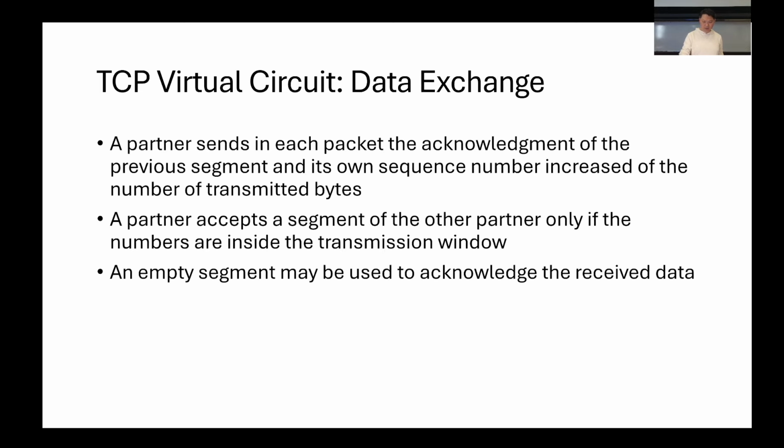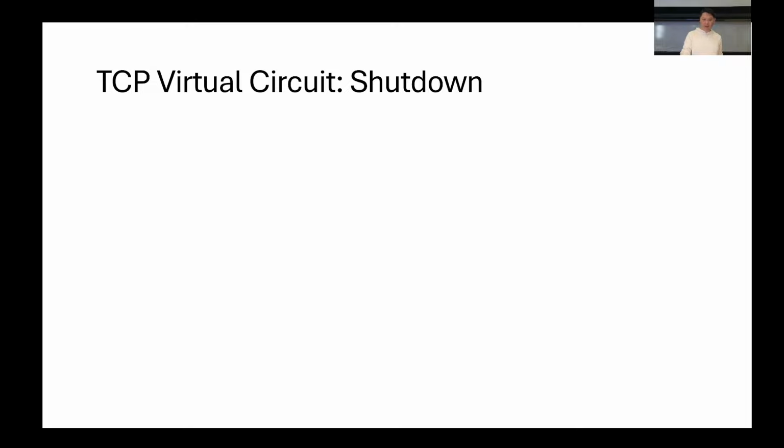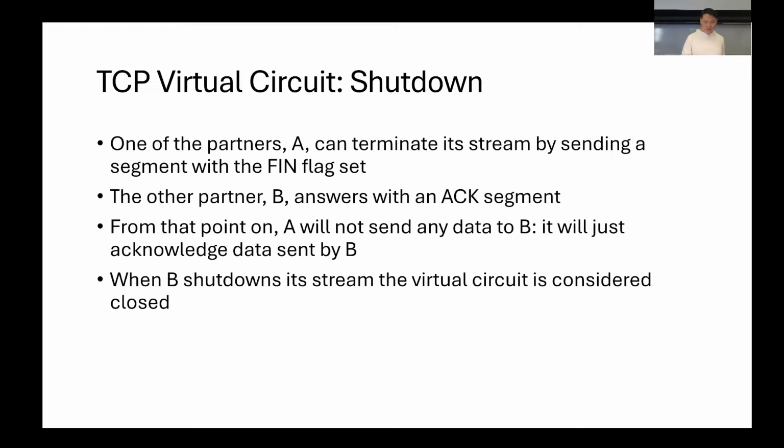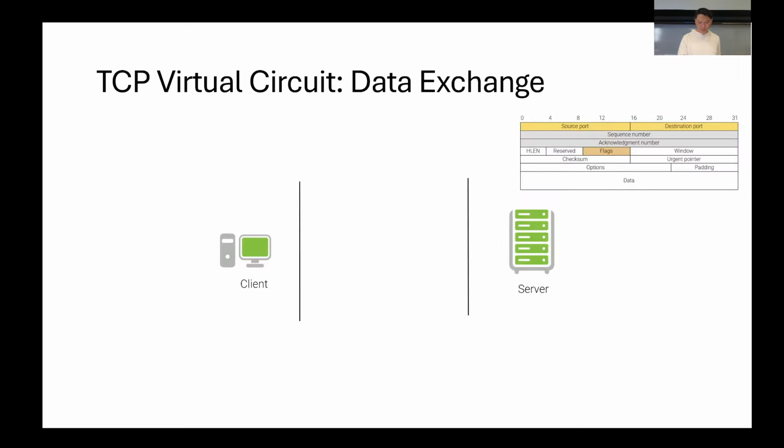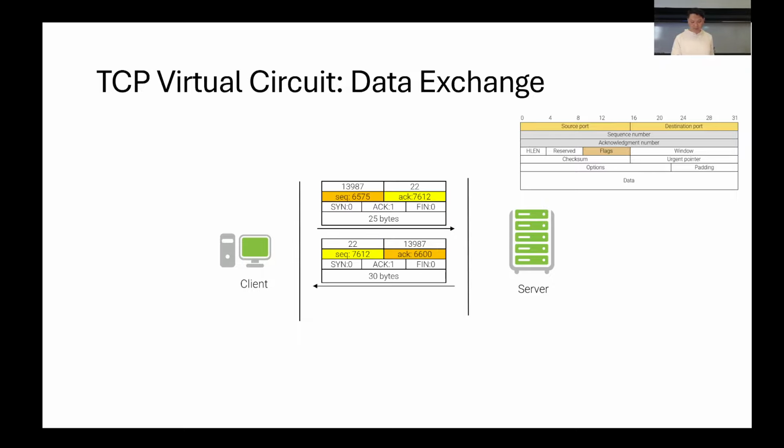Okay, data exchanges, and the last phase is a shutdown. What is shutdown? In the data exchanges, I already covered the slides. They have to add the payload size to the sequence number.